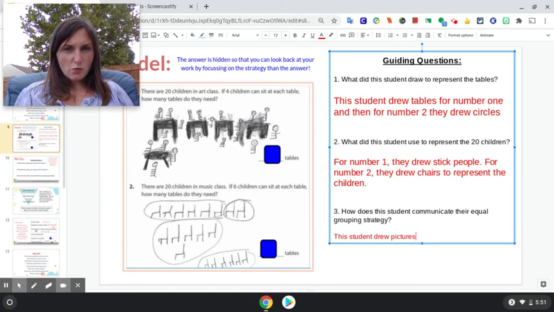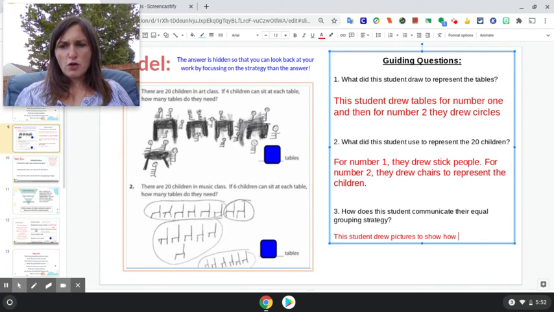In the first one, right, they drew the actual people and the tables. And for the second one, they drew the circles with the chairs. And I answered that for 1 and 2. So really, the student drew the pictures to show how many children could sit at each table, right?